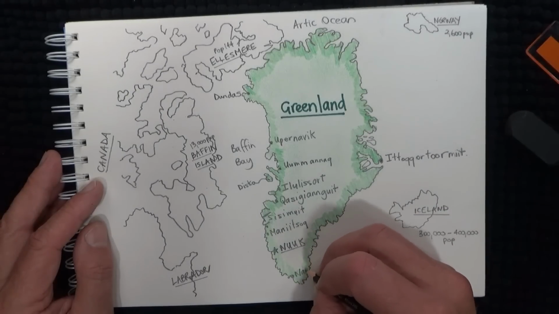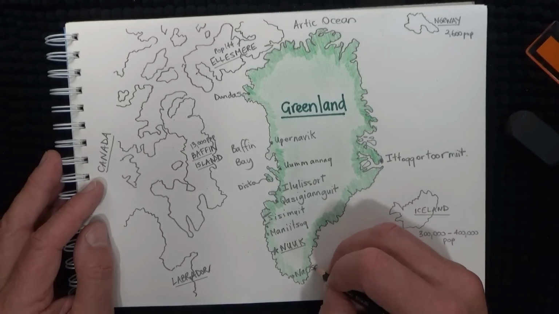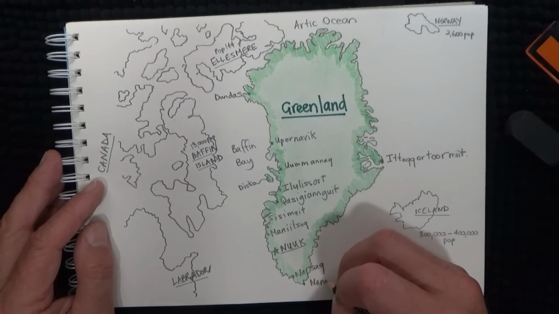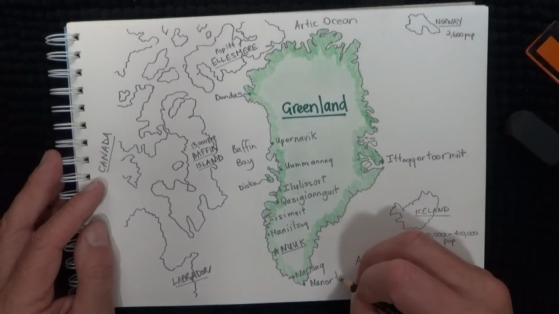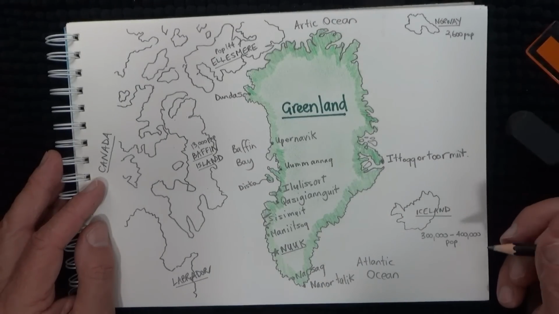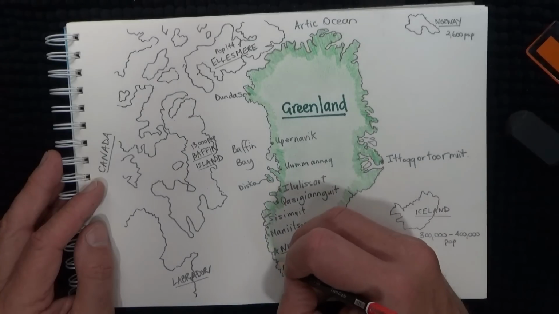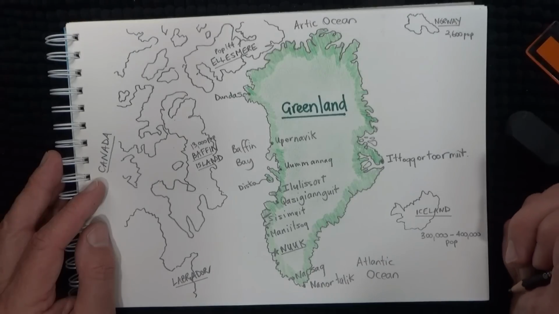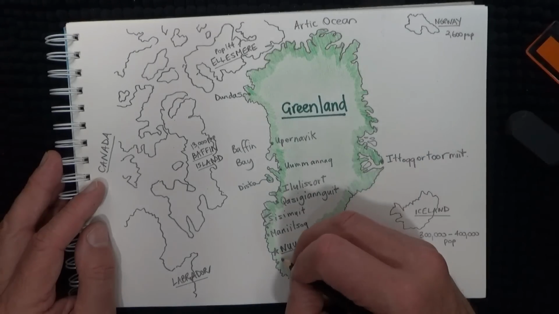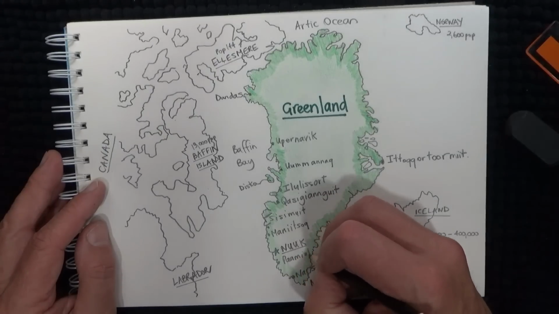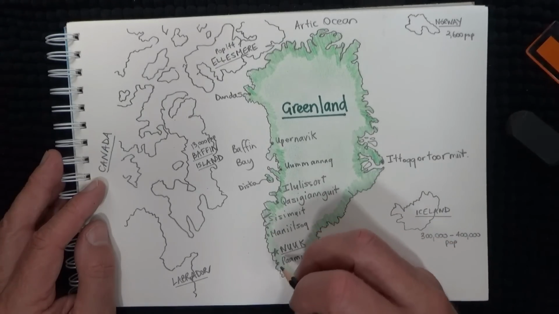And there is Narsaq and Nanortalik. I've been going to a couple of those, a couple more towns. So all the towns are kind of down along here. What have I got? Paamiut. And a couple more towns.